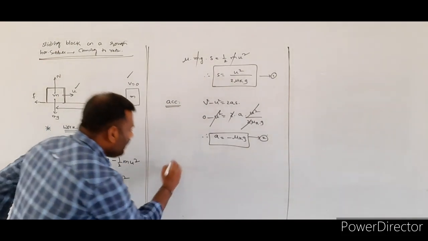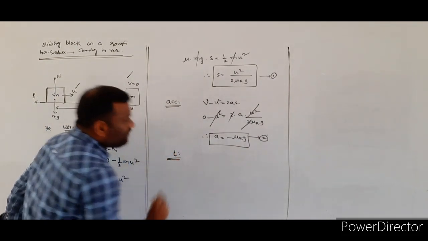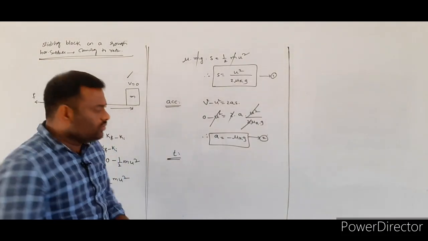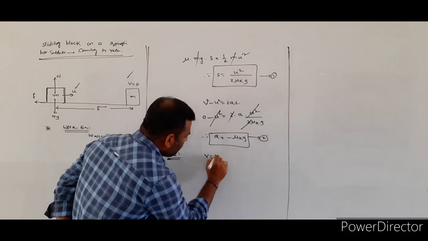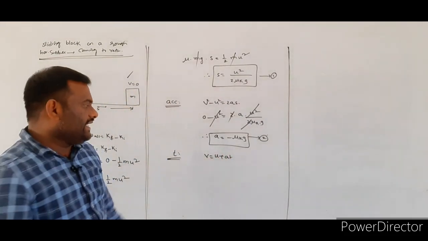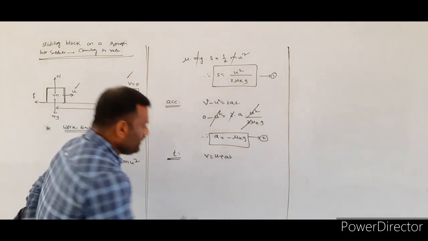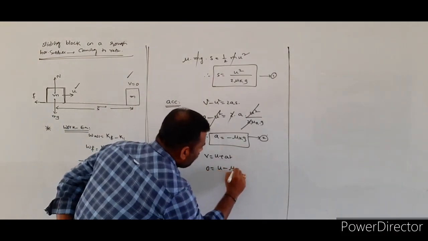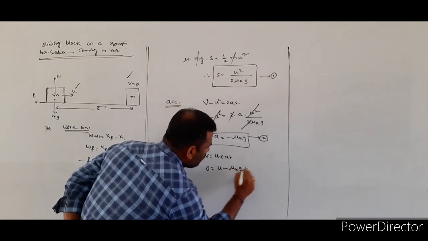Now, they have already given the time after which the block comes to rest. To calculate the time value, I consider the fundamental equation of motion v is equal to u plus at. The final velocity is 0, so 0 is equal to u plus minus mu k into g into t.